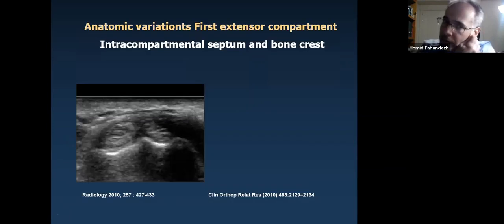As I said before, one of the most frequent anatomical variations in the first extensor compartment is the presence of an intracompartmental septum. And here you can see, this is a paper of radiology, how we have a bone crest in the lateral aspect of the radius, and how there is a hypoechogenic area between the tendons of the extensor pollicis brevis and abductor pollicis longus.